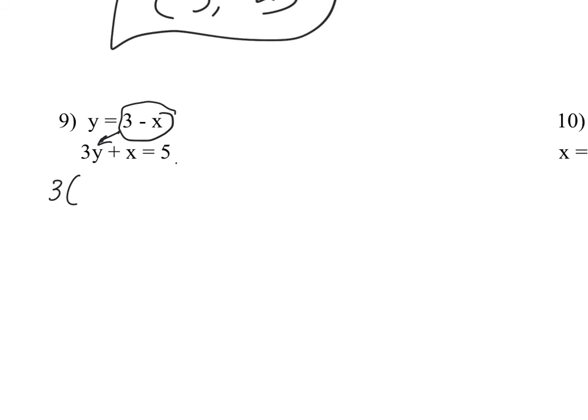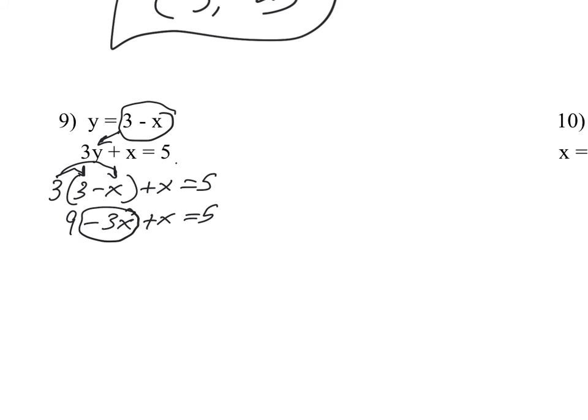So I'm going to put that in place of y. 3 times 3 is 9, and 3 times negative x is negative 3x. So I have negative 3x and positive 1x. Those two go together. That gives me 9 minus 2x. Again, 3 minus 1, keep the negative sign.